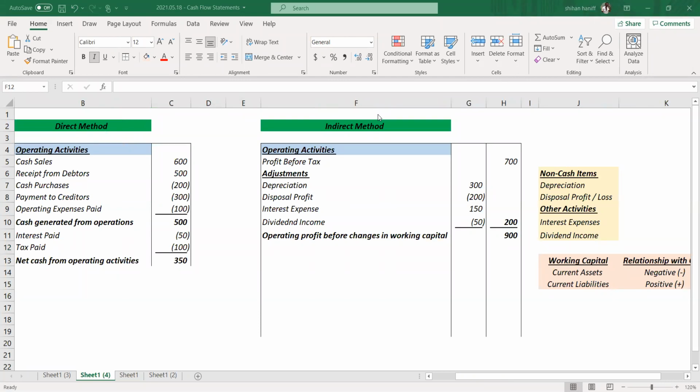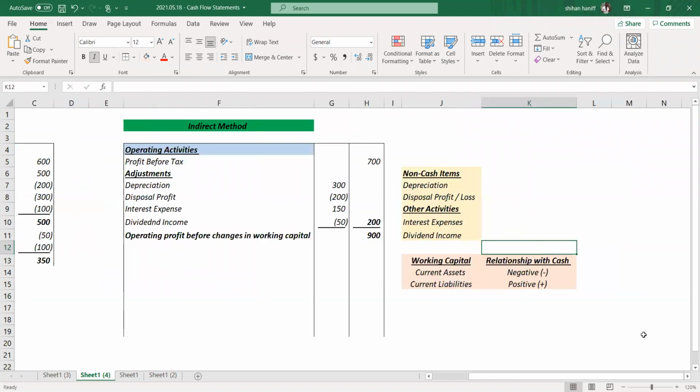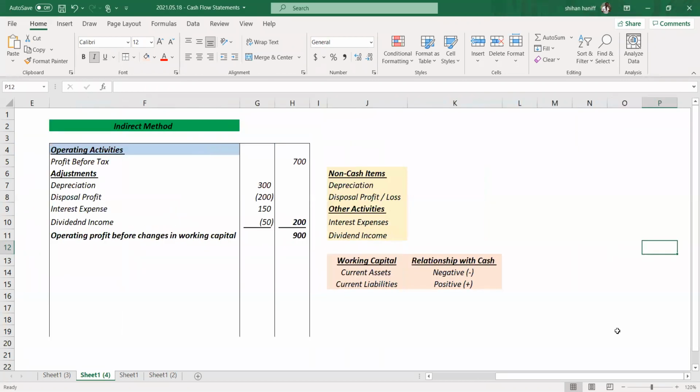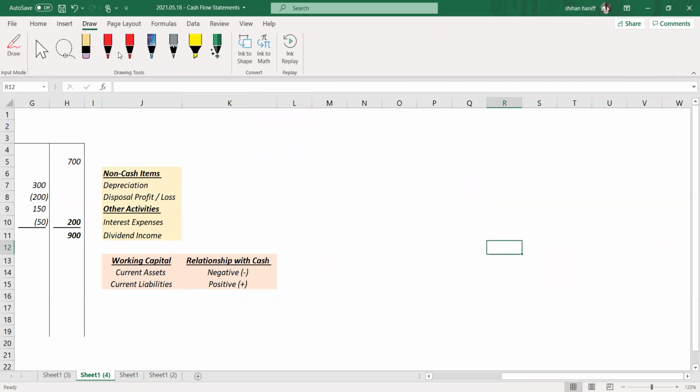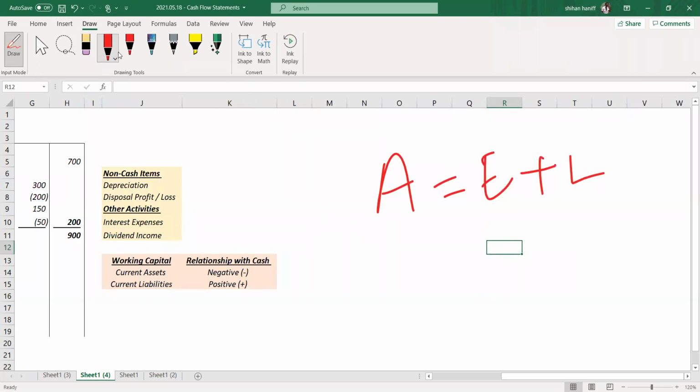There is a question to repeat that again. Okay, so it's actually based on the accounting equation. Asset equals liability plus equity. So if the asset, let's say stock, increases, then what happened to the cash?